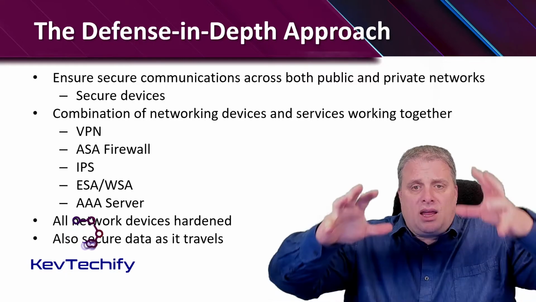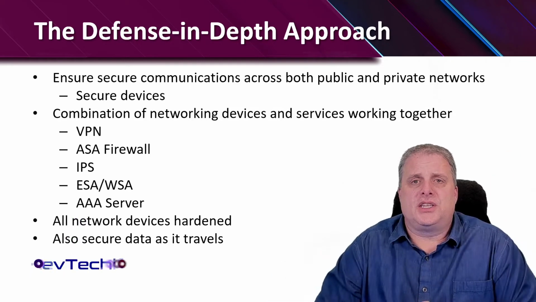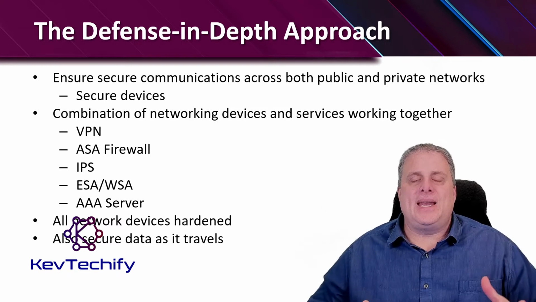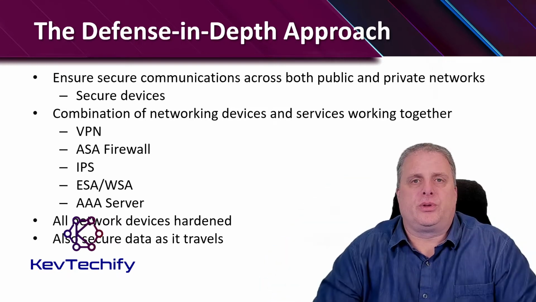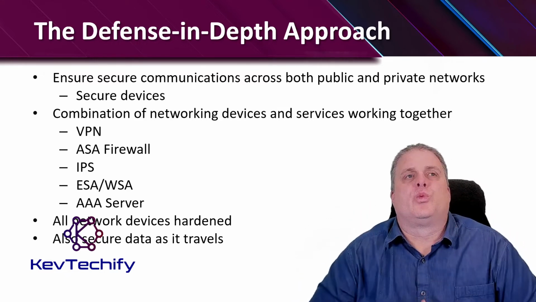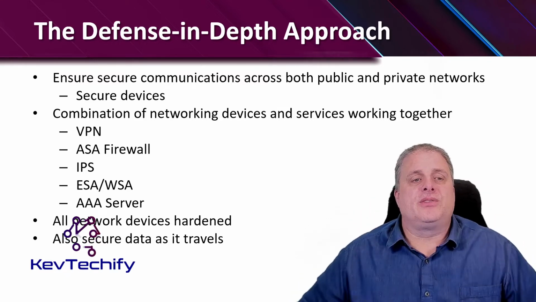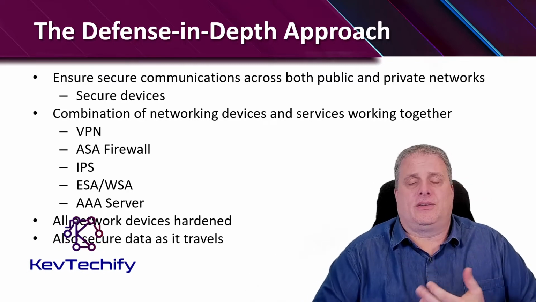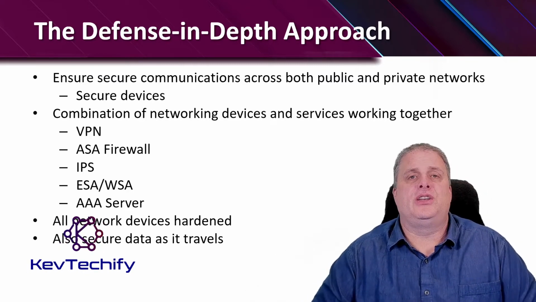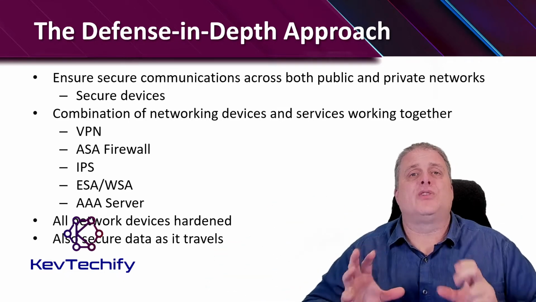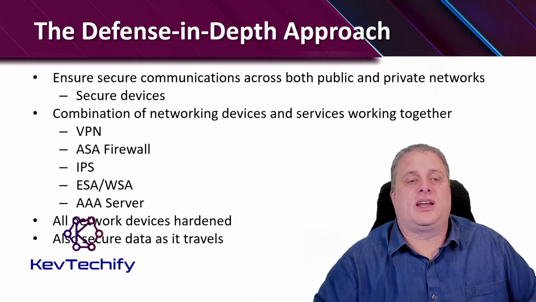And most organizations employ a defense in depth approach, meaning you have multiple defenses to protect your data, to protect your resources. Now, there are several devices that will work together: a VPN, virtual private networks, the ability to encrypt traffic point to point, especially for people outside of your network that are connecting in.